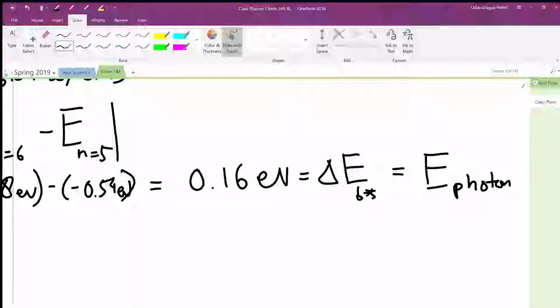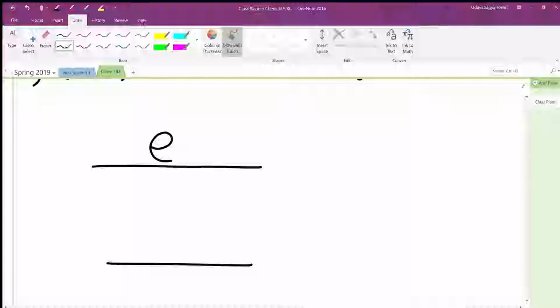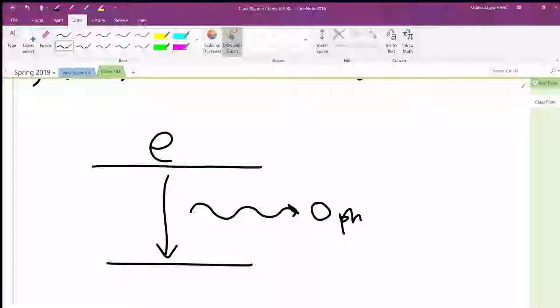It simply is a statement of conservation of energy. So we have our electron from a high energy level, it goes down to a lower energy level, and as it does so, it will release a particle of light, so this is a photon.